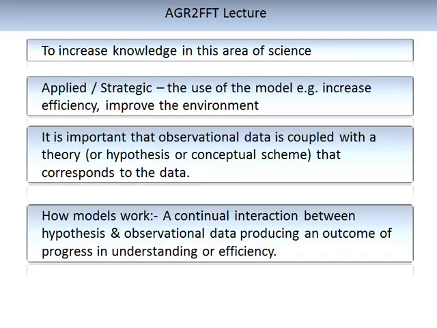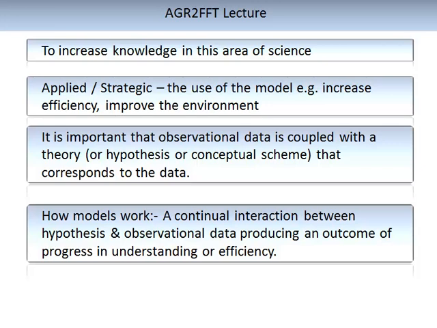When you are considering using models from a scientific aspect, that is, to increase knowledge in the area of science, the following should be considered. You should determine whether the model will be applied or strategic. Consider the use of the model, for example, an increase in efficiency or improvement to the environment.